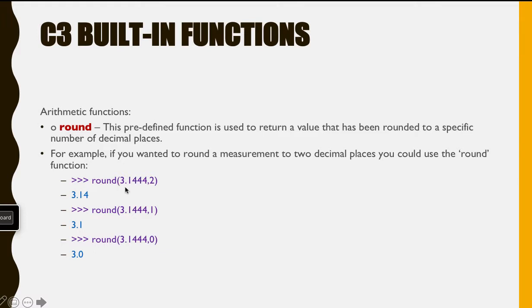One is the decimal number that we're trying to round, and the second parameter is how many decimal places we would like to round it to. In the first example here, we've got 3.144. We want to round it to 2 decimal places, and of course it returns 3.14. In the second example, we've got 3.144 again, we want to round it to 1 decimal place, and it returns just 1 decimal value.